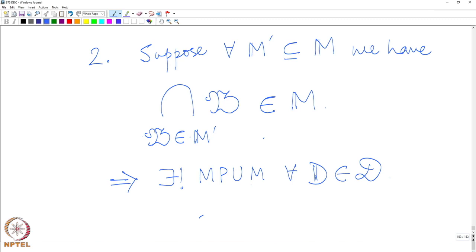So, we will do this in the next lecture, a very short proof, and then using this idea, this is a very simple but a powerful theorem, because this is what guarantees that in the setting of dynamical systems, if you want to find out this MPUM, such an MPUM always exists if our model class is the class of all dynamical systems that are given by ordinary difference equations with constant coefficients, right, because it satisfies this intersection property. Okay. This and many more is what we are going to see in the next few lectures.